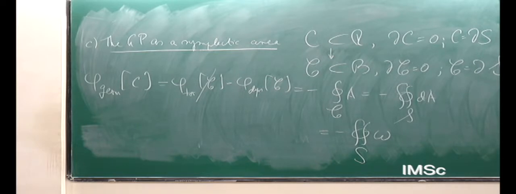So here is the most general meaning and expression for geometric phase. Really amazing. It is just an area computed in the language of symplectic geometry, 2-dimensional area.